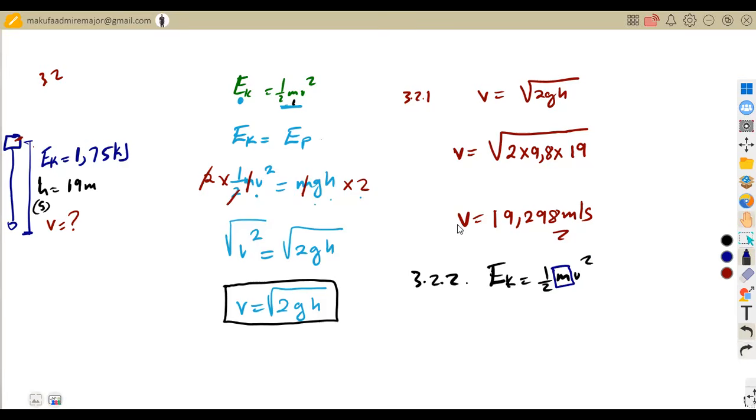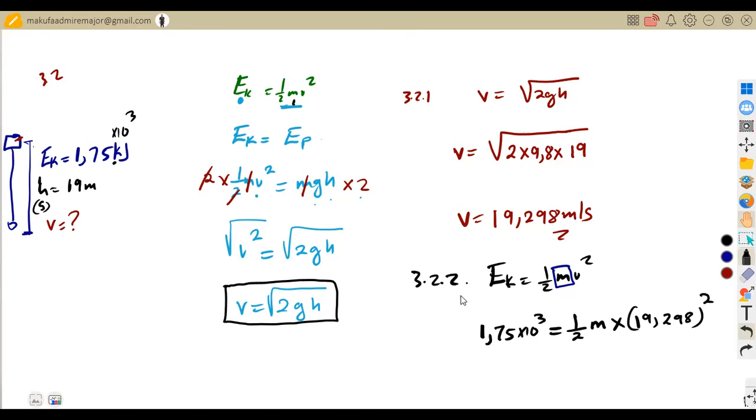So you can make it the subject, or you can just substitute your information in this case, where we have our kinetic energy, 1.73 kilojoules. Remember, kilo is times 10 to the exponent of 3. So here we are going to have 1.75 times 10 to the exponent of 3 equal to half of m times v squared, which is 19.298, with everything being squared.